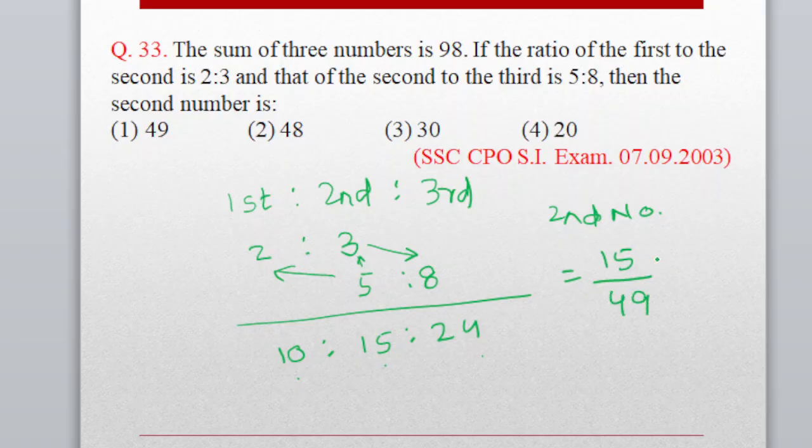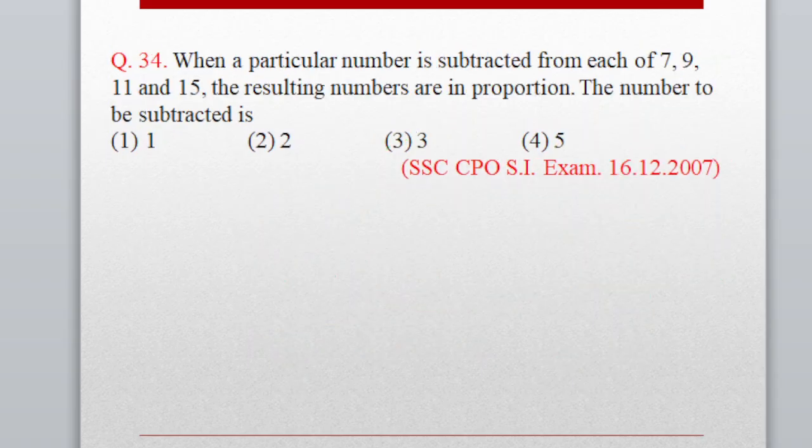So 15 by 49 into 98, so that is equal to 49 twos are 98, so 15 twos are 30. That means here option 3 is the right answer. Now next question. So this is the last question of this video.